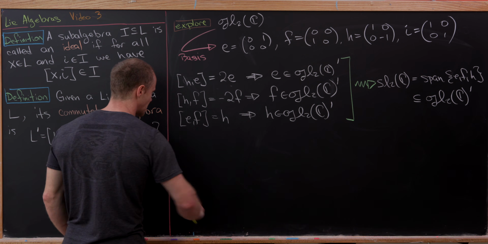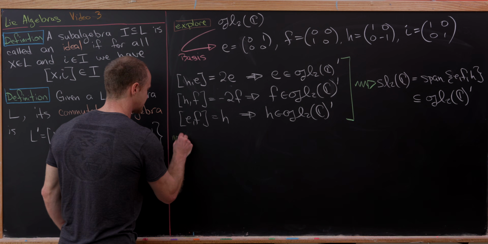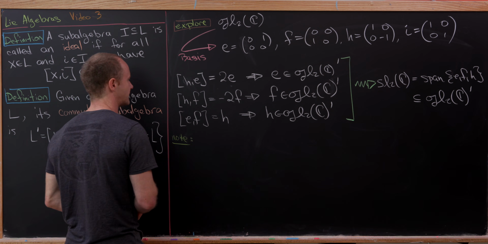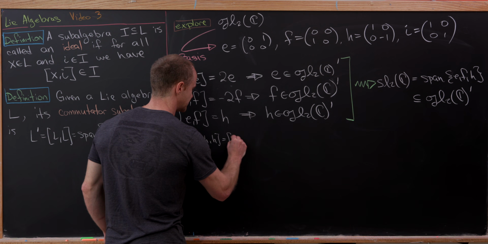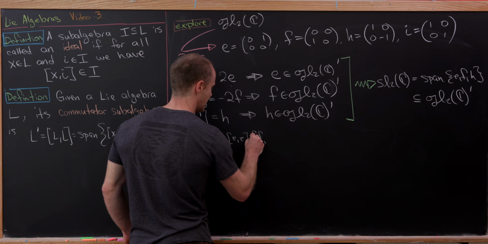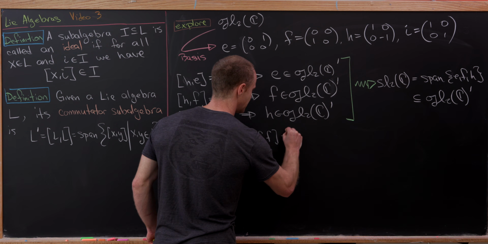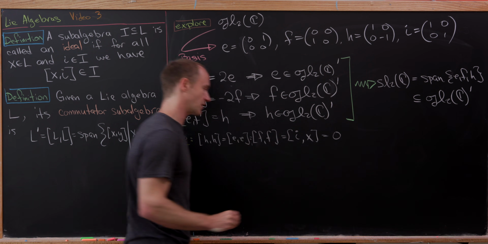And when I say non-trivial, I mean they don't give you zero. So for instance, if we were to do H with H, which is the same thing as E with E, or F with F, which is really the same thing as doing I with anything, we would get 0.